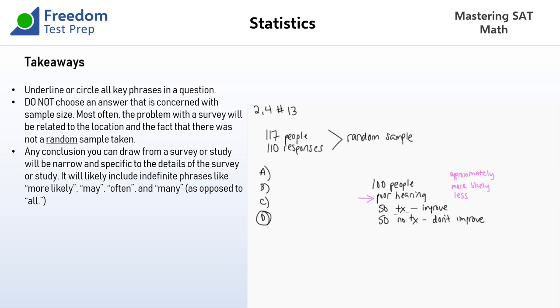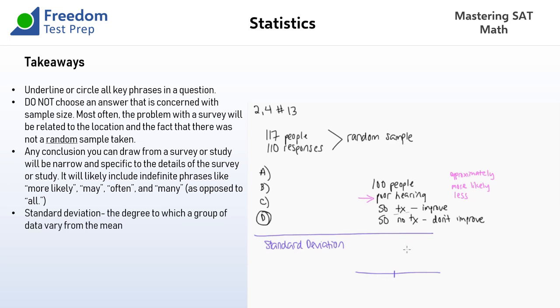Okay. So another thing I want to go over is standard deviation, because that shows up occasionally. So standard deviation is, well, let me just write this first. And okay, standard deviation is how far a group of data varies or drifts away from the mean. So let me show you something. We'll show you in terms of a curve.